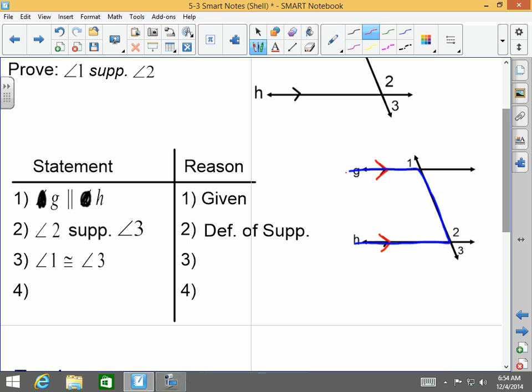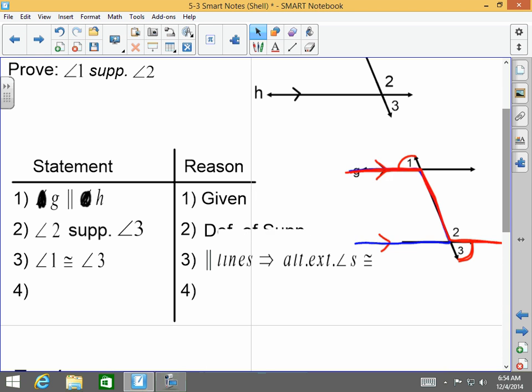What would have played a part more is the Z. I look at the Z, aren't alternate exterior angles congruent? You could have used the U, but it would have been a much longer proof, so I apologize. If you use that Z, though, angle 1 is congruent to angle 3 because of the alternate exterior angle theorem. If you have parallel lines, alternate exterior angles are congruent.